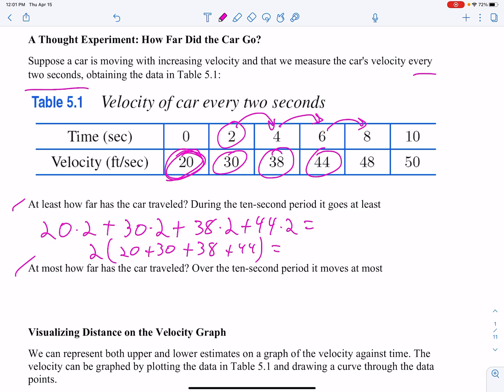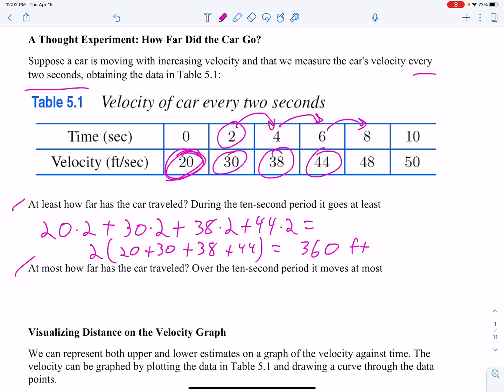Just a little shortcut, but that only works if the time intervals are all equal. Punch that into a calculator and you should get 360 feet. So this is an underestimate, an at least, a minimum.